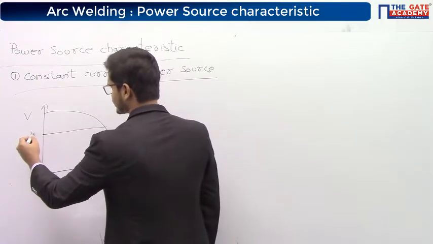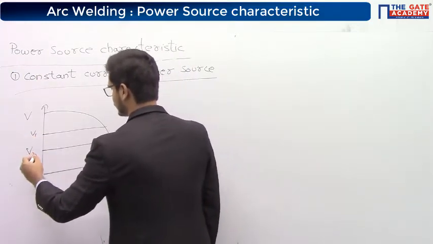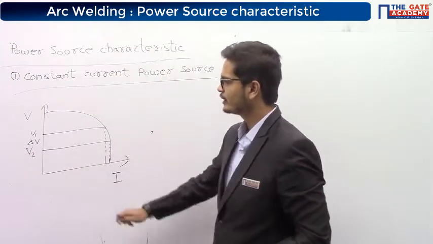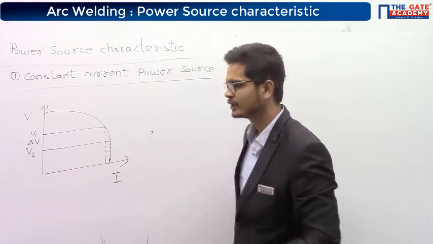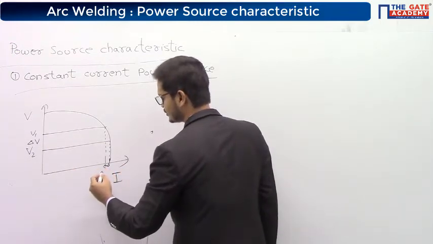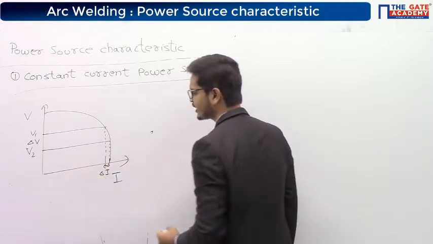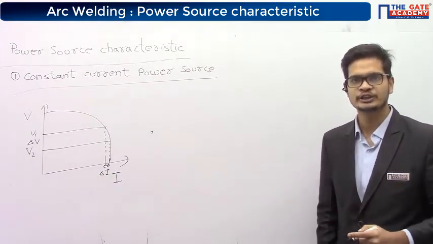Let us say this is V1 and this is V2. Here the change in voltage is very high, but the change in current is very small compared to the change in voltage.